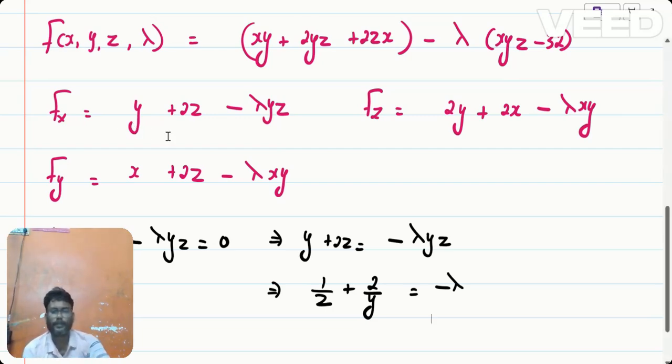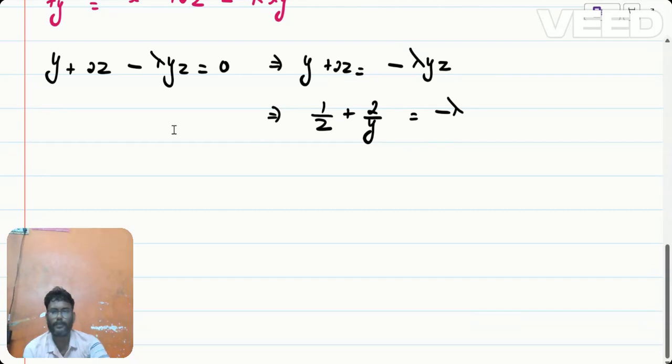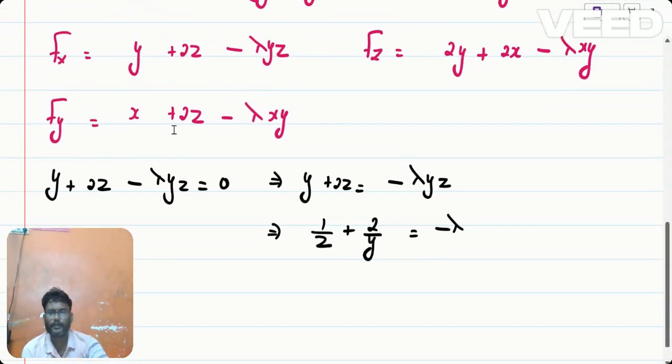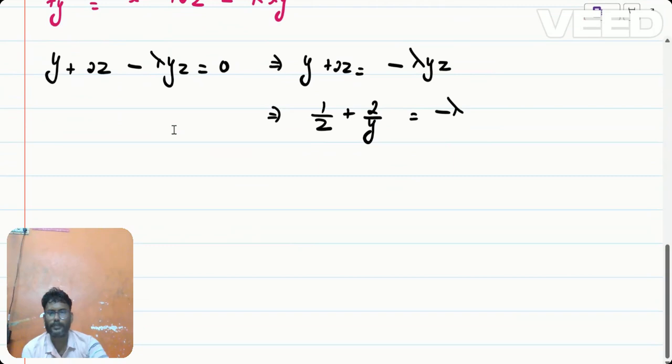Similarly, if I take the second equation f sub y, we get x plus 2z minus lambda xz equal to 0.